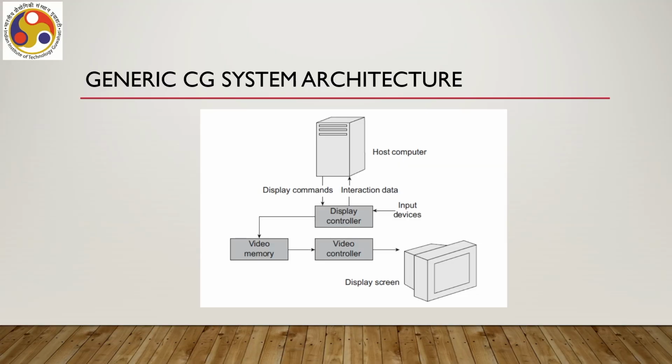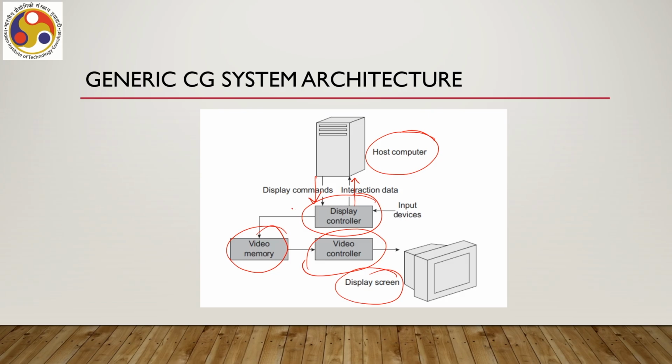So, this is what a generic graphics system may look like. We have a host computer, we have the display, and in between there are three major components: display controller, video memory and video controller. The host computer or CPU sends display commands, and may receive some interaction data, so there is two-way communication between the display controller and the CPU.